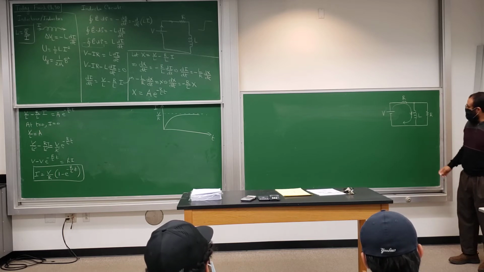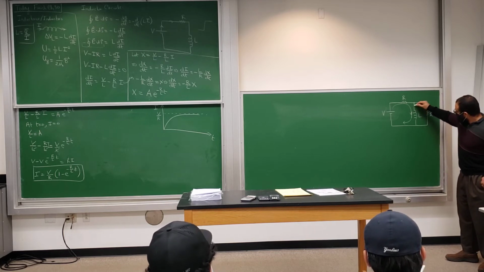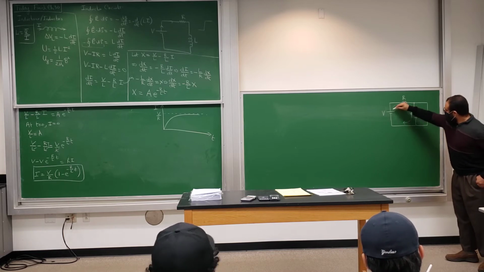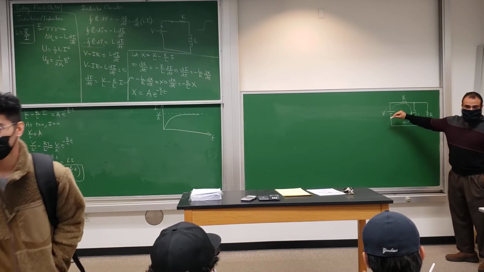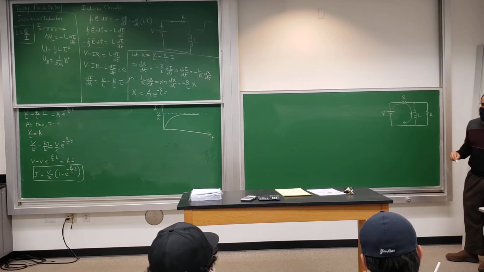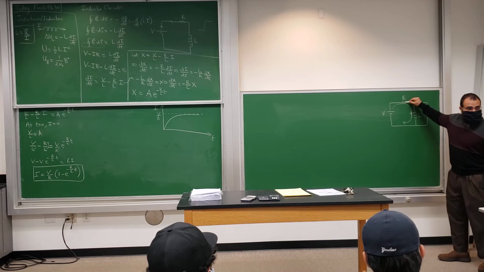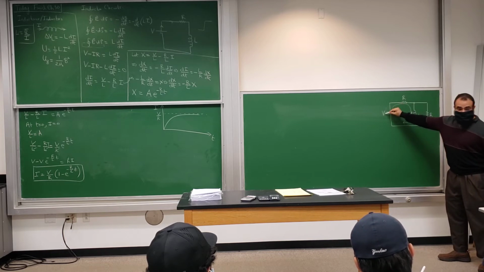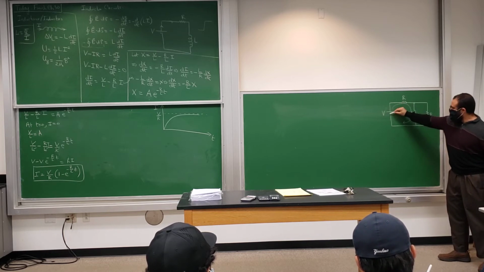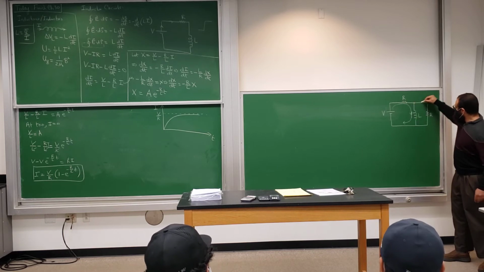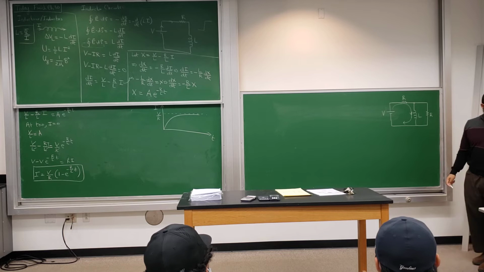No, because at t equal to infinity, the inductor is just like a wire. It's a shorted circuit. So all the current will flow this way. Because basically, I is equal to V over R, so V minus IR is 0, and so that's it. You cannot have any current this way.